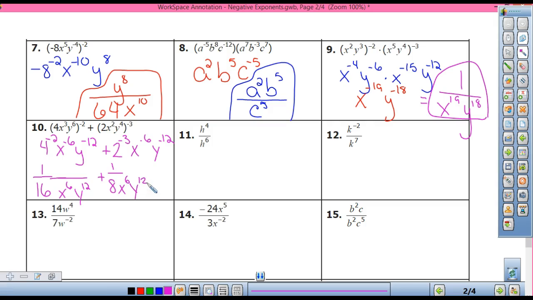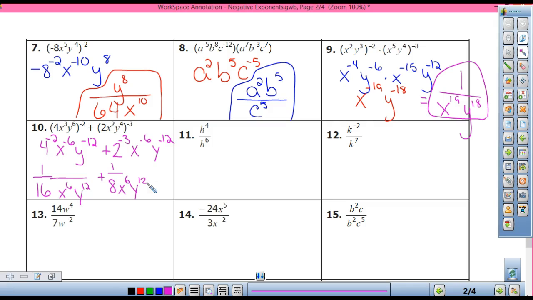Do I have like terms? Yes, I do, because it's the x to the 6, y to the 12, right? Because it's 1 over 2 to the 3rd power.